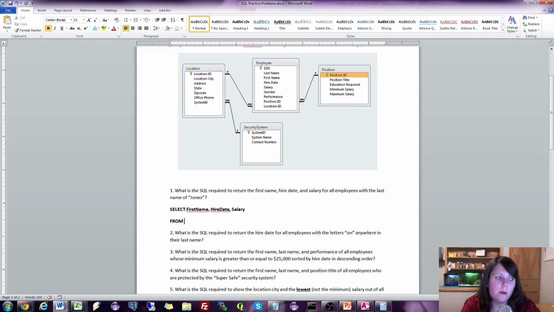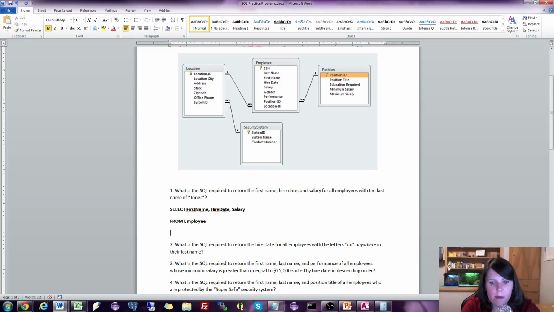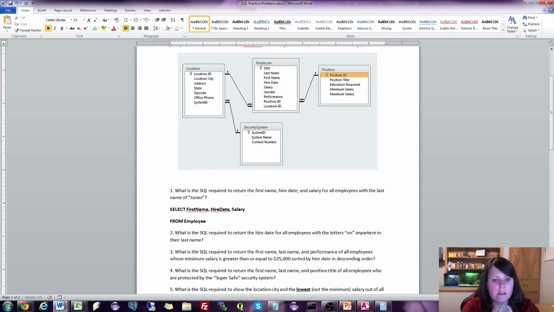So select from, we've got our employee table, and it's important to review the order of those clauses that we use. Whichever tables I'm pulling from, that's what I need in the from clause. From employee, and then we do have a condition here. If I had no condition, I'd be done, minus a semicolon. I would just be selecting first name, hire date, salary from employee. I would get all of the first names, hire dates, and salaries for all the employees from that table.